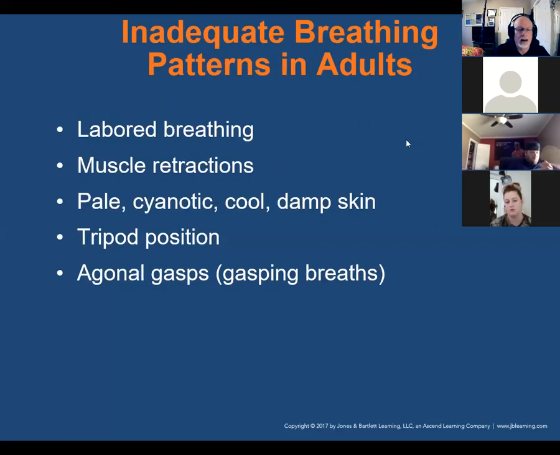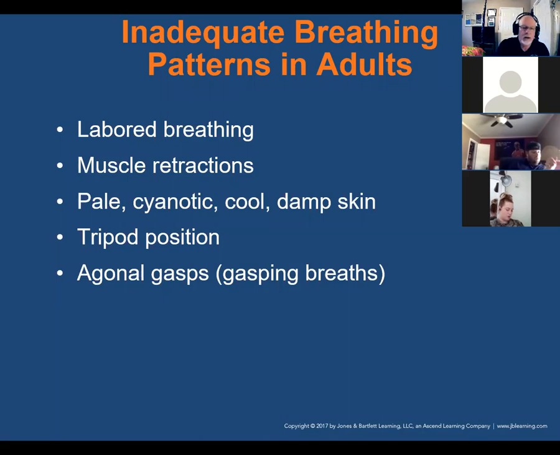Labored breathing, I'll demonstrate this in class. You can't really see me do it here. So using accessory muscles to breathe. Tripod position, that's an important sign, something we see with our patient that tells us something about the functioning of the respiratory system.